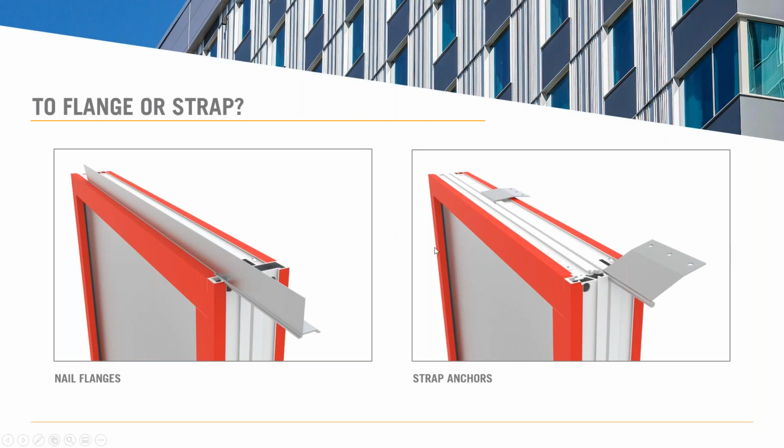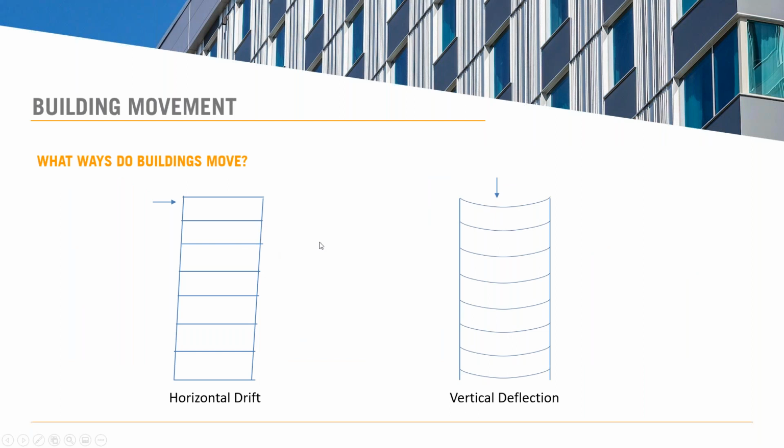As you consider these two different methods here, I'll just go into why we may or may not want to use those by understanding first, how do buildings move? A window attachment system has to accommodate movement because buildings move, and more so high-rise buildings than residential for obvious reasons. We have horizontal drift, and we also have vertical deflection, just with the weight of the floors.